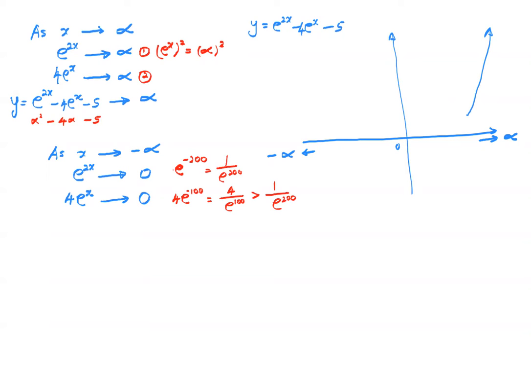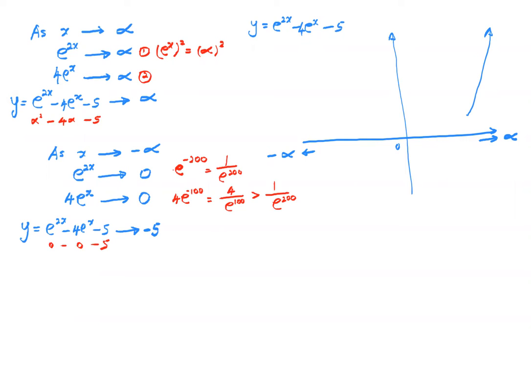So my y equal to e to the power of 2x minus 4e to the power of x minus 5 will tend toward what? Negative 5, because this is 0 minus 0 minus 5.